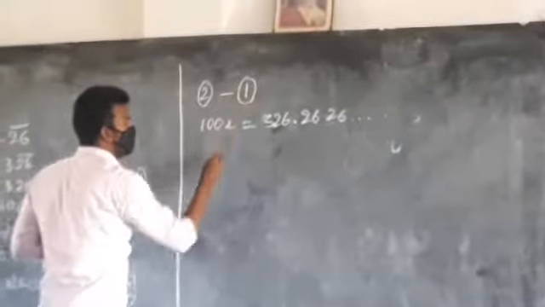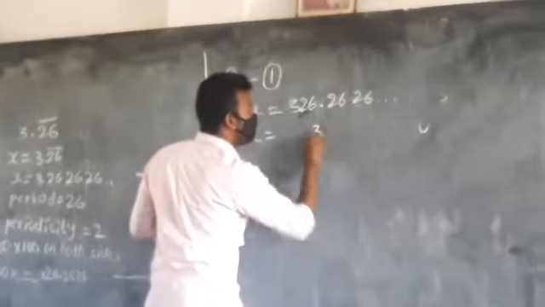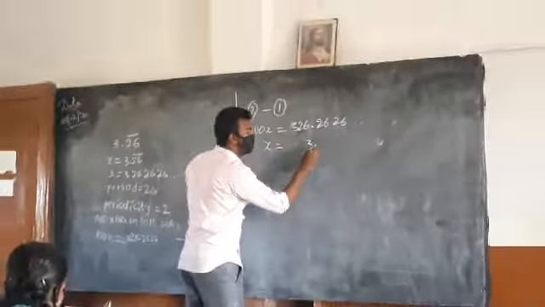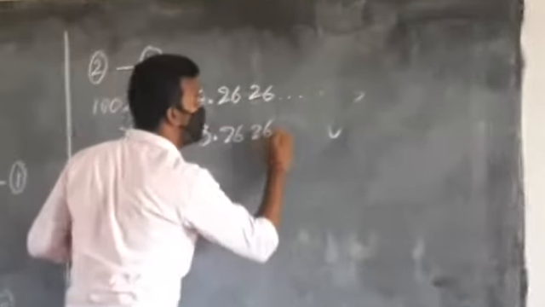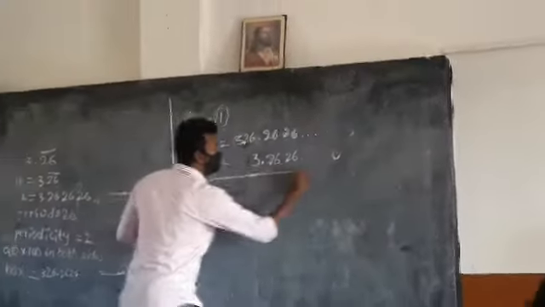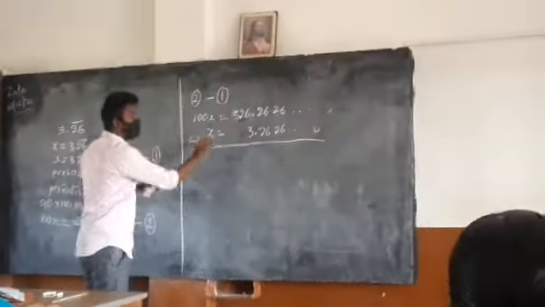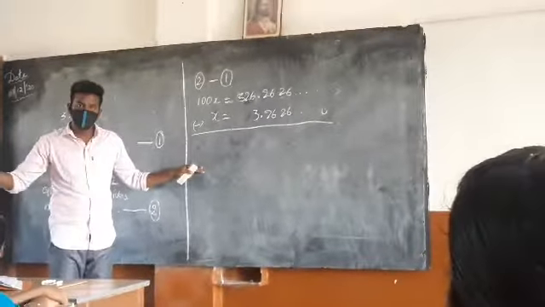What is equation 1? x equals 3.2626 and so on, with the decimal exactly under that. You are doing subtraction: 100x minus x, which is 99x.